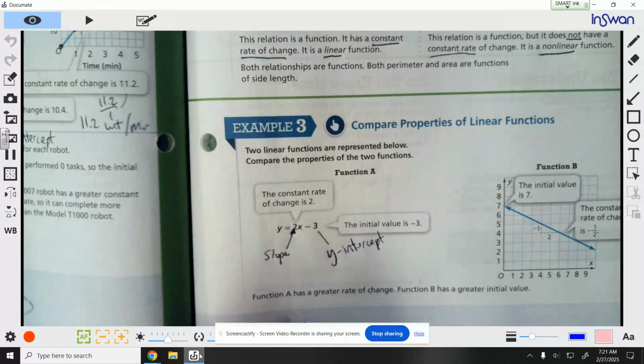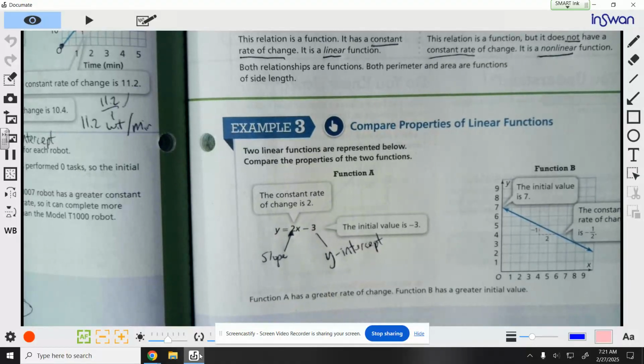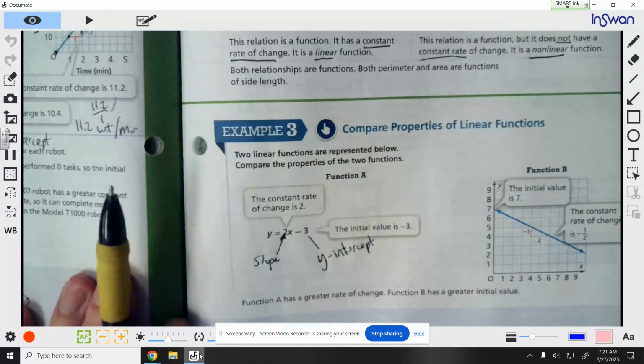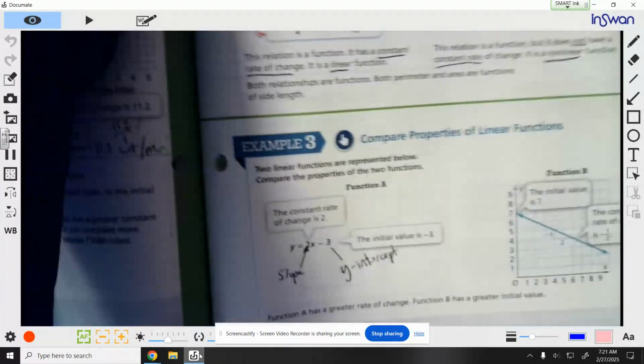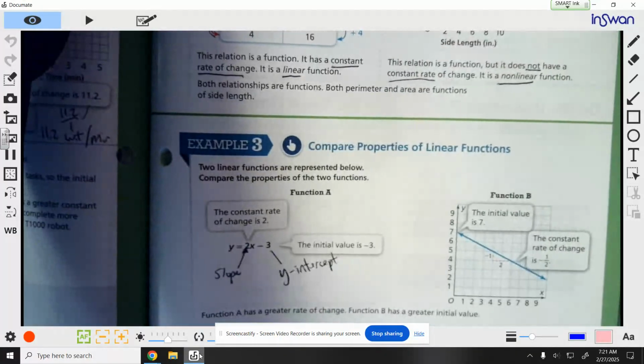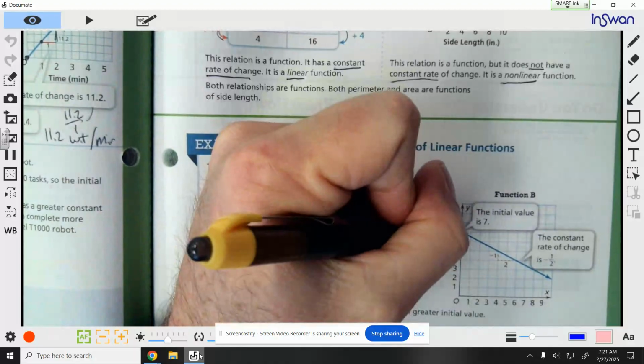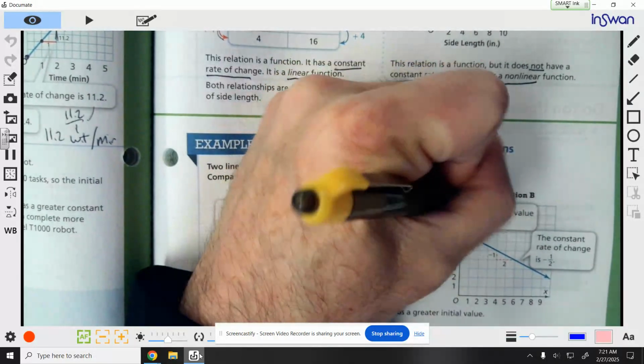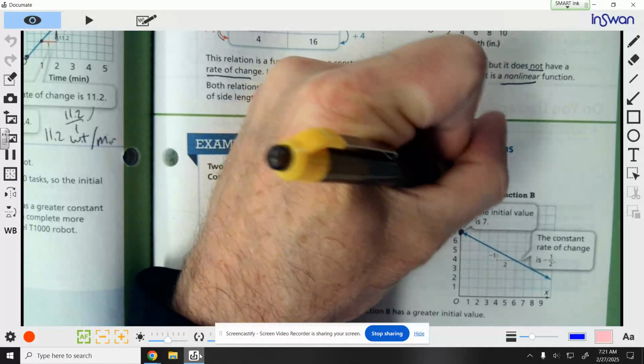So your initial value, where everything starts, that's your y-intercept. Okay, if we look over at function B, we see our initial value is 7 because that's where it touches the y-axis at. And then, so again, that's our y-intercept.